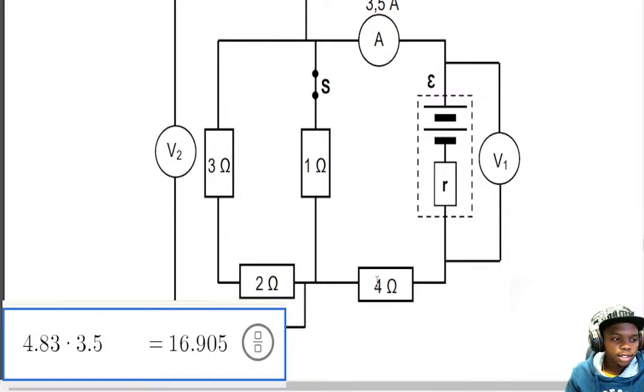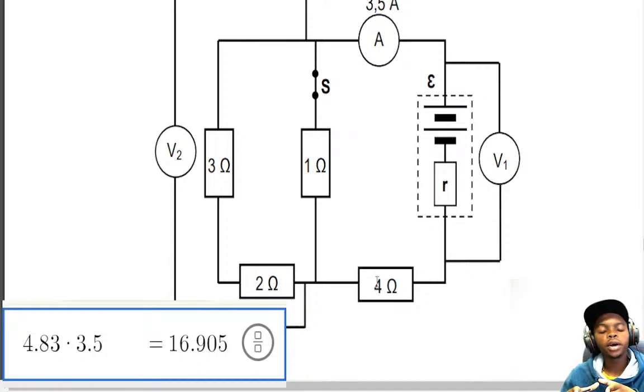So already you can see that it's not measuring the real total voltage, it's measuring a shared voltage. If V1 is measuring across a battery, then that has to be the voltage that the battery is supplying, so that has to be the biggest.